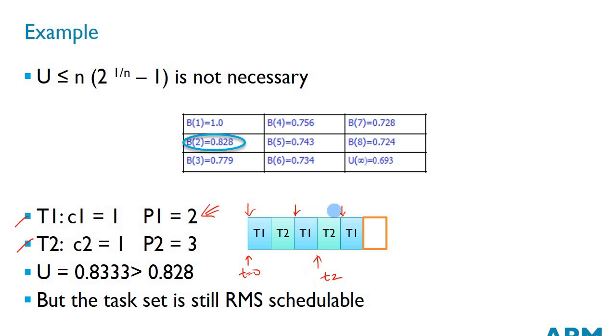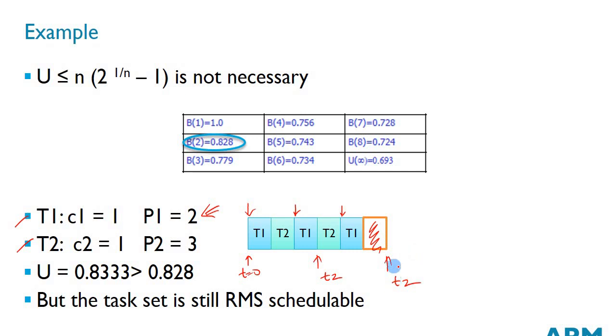And again, in the next instance, task 1 has the next iteration of its period, and task 2 will only need to run again over here, T2, because the period is 3. So there is one empty slot here before the next iteration of task 2 and task 1.